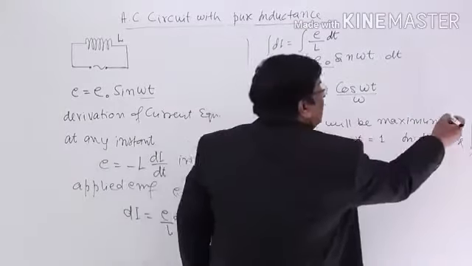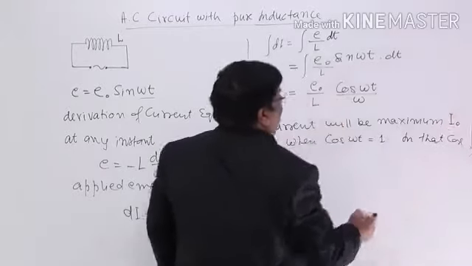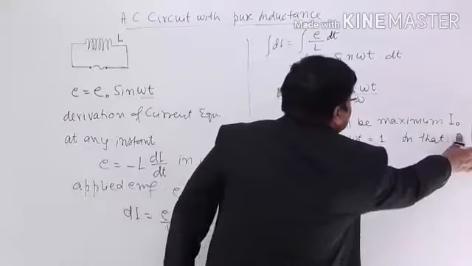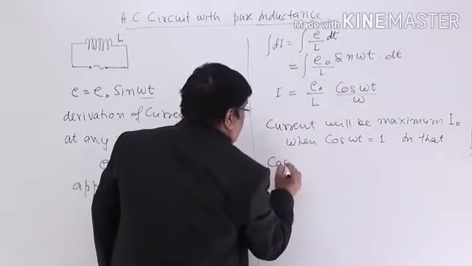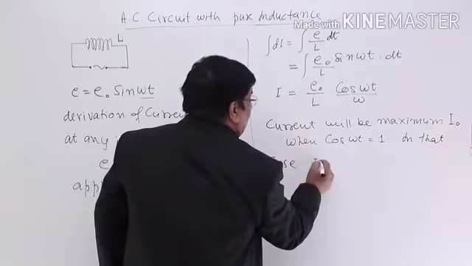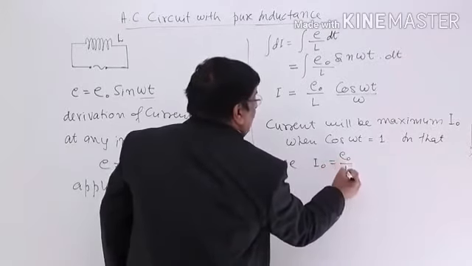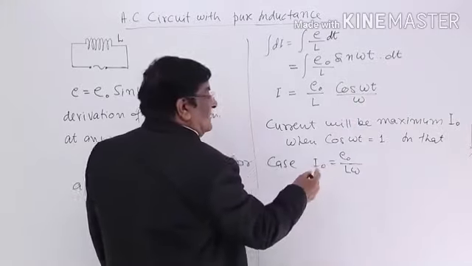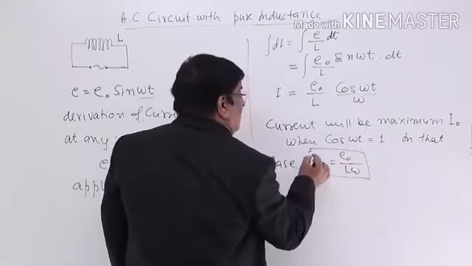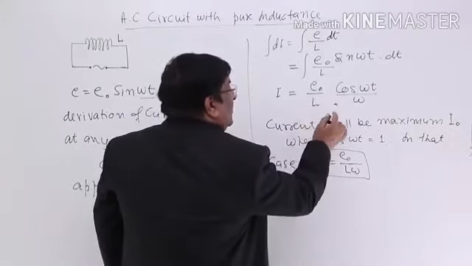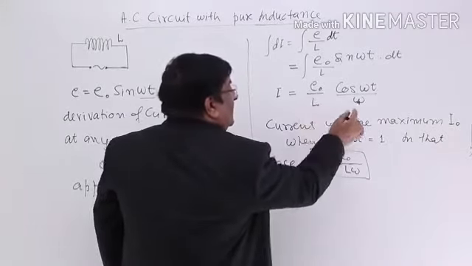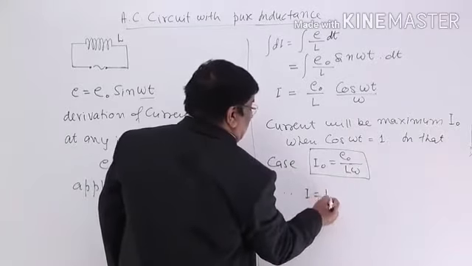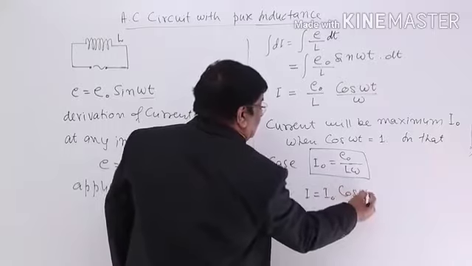So the current will be maximum, I naught or I max, when cos omega t is equal to 1, and in that case I naught is equal to E naught upon L omega. Now we put that here, and therefore I at any instant is equal to I naught cos omega t.